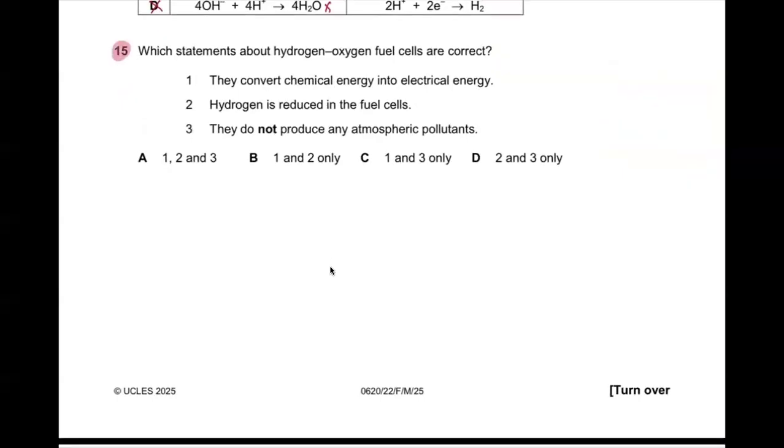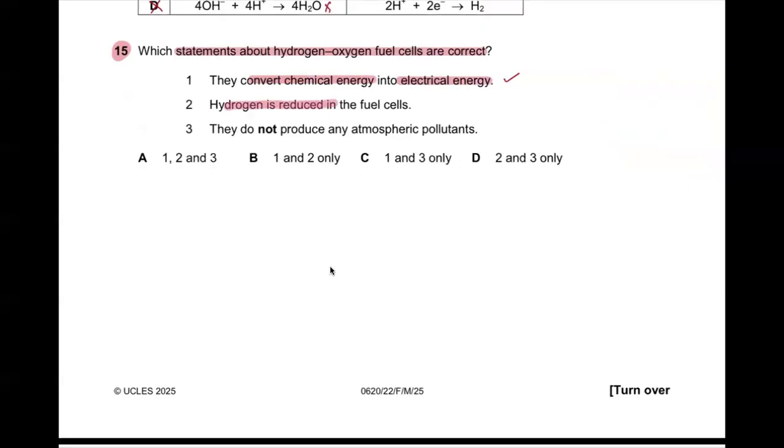Now, MCQ number 15. Which statements about hydrogen oxygen fuel cells are correct? They convert chemical energy into electrical energy. Yes, they do. Because hydrogen and oxygen react and give energy, which is used to run the automobile, the car, or the spaceship.